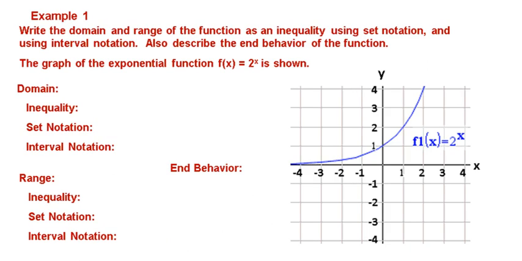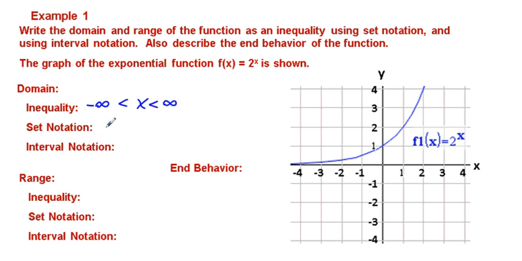Next, now we have the domain, range, inequalities, and set notation, and using interval notation, we have this exponential function. The domain is going to be all real numbers. An exponential function has in its domain all real numbers, so that's going to be x is greater than negative infinity, less than infinity.